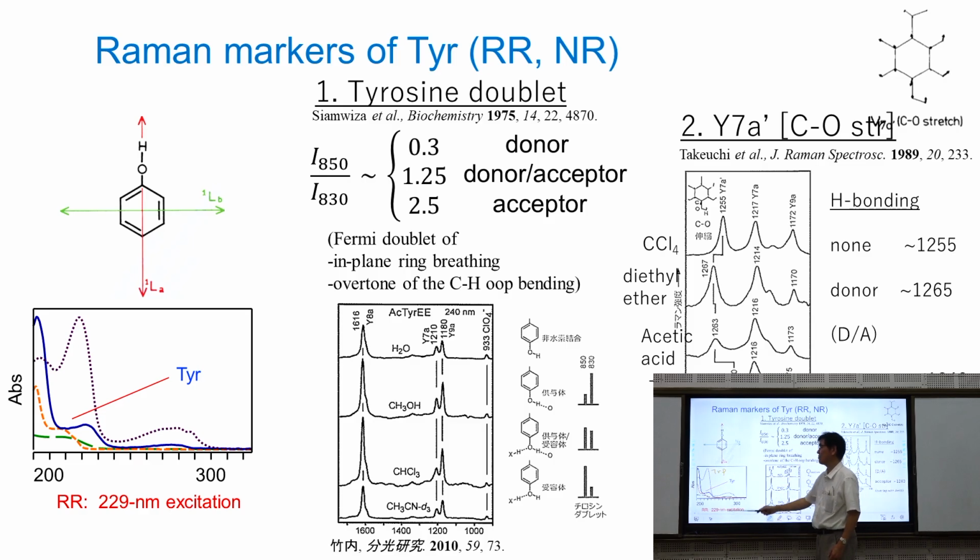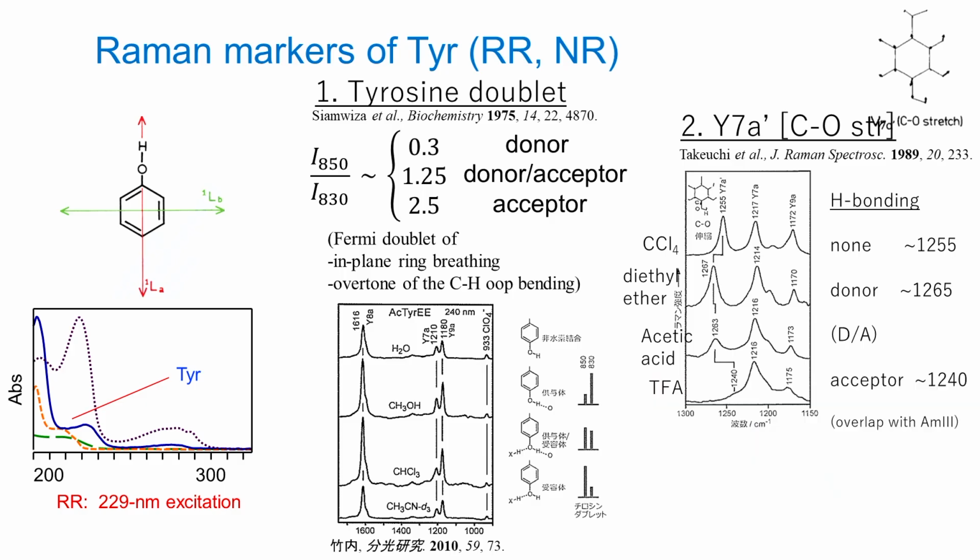So usually we get the information of tyrosine at the same time as the tryptophan measurement. But a few bands are available for environmental analysis of the tyrosine side chain. One important feature is the intensity ratio of this doublet.